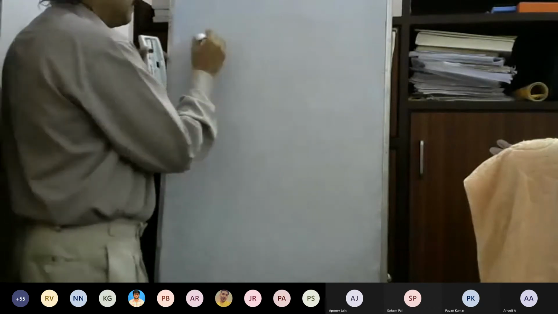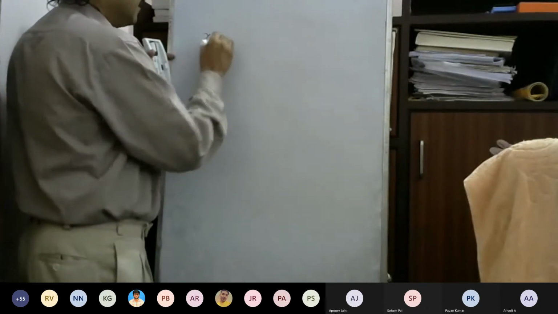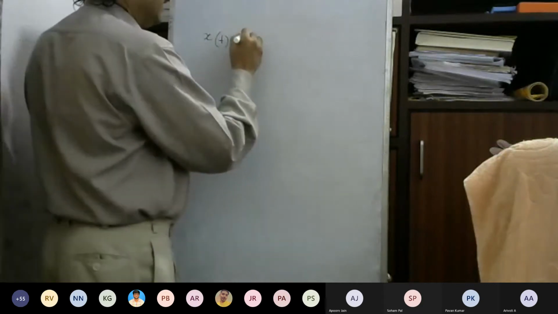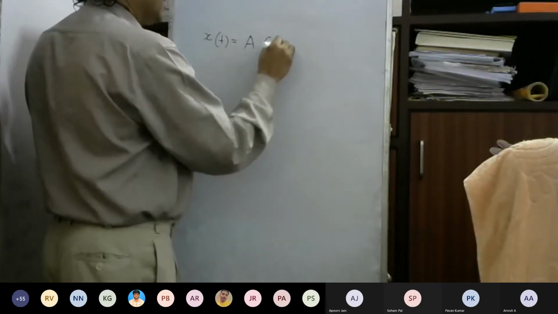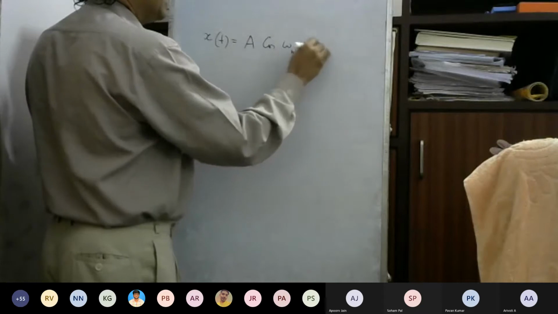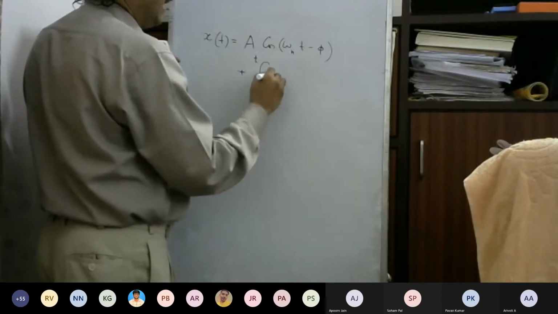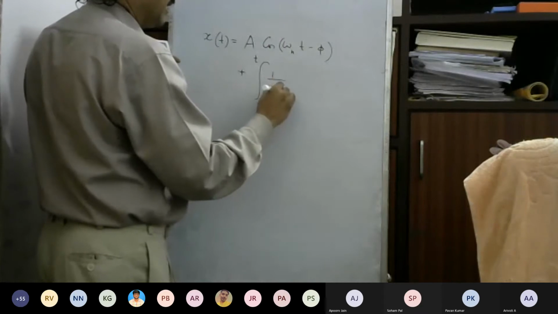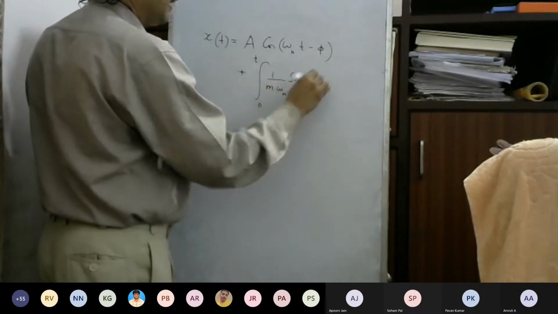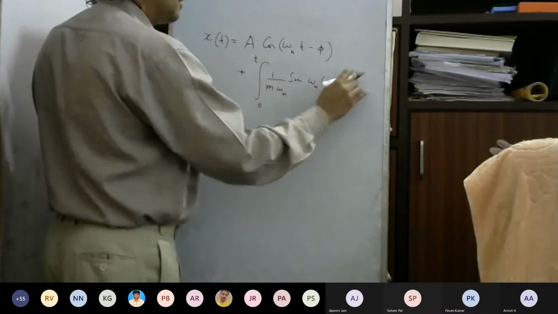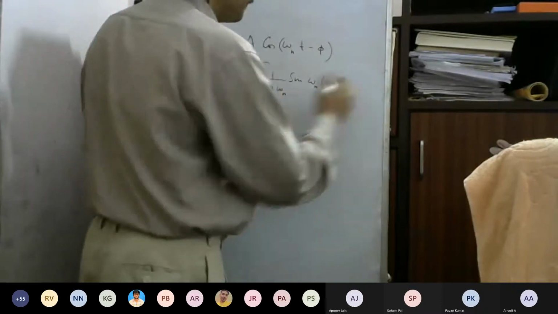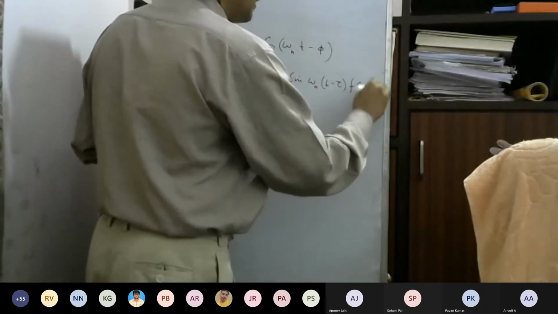Okay. Now, if we are allowed to write down the response as the summation, because this is a linear system, let's say x(t) = x0 cosine omega n t minus phi, plus integral from 0 to t of 1 by m omega n sine omega n (t minus tau) f(tau) d tau.